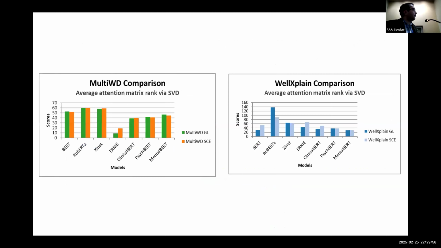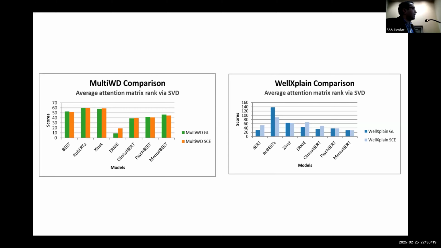So using SVD for multi-WD and well-explained data set, we end up with these results for BERT, Roberta, XLNet, Ernie, Clinical BERT, Psych BERT, and Mental BERT.